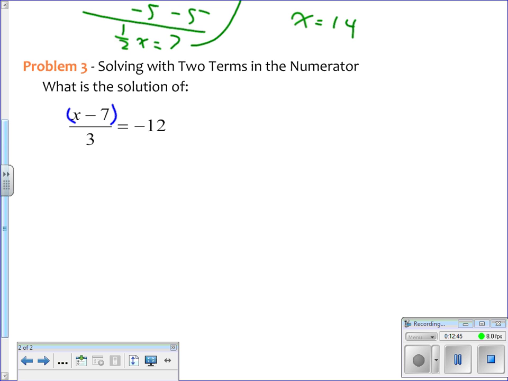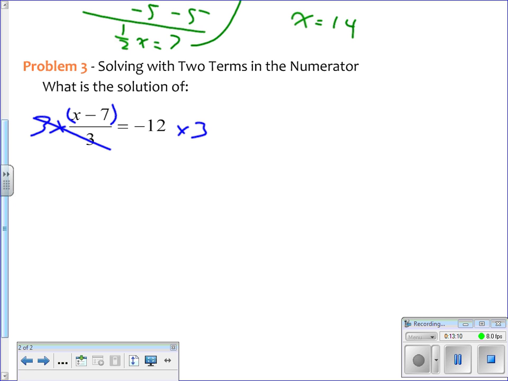So normally, I would add 7 to both sides, but because I have this in parentheses, even though technically they're not written down there, they are there. The first thing I actually need to do is get rid of the 3 that I'm dividing by. It's the one time you don't get rid of the addition and subtraction first, if you have a bunch of stuff divided. Your first step is actually to multiply both sides by 3.